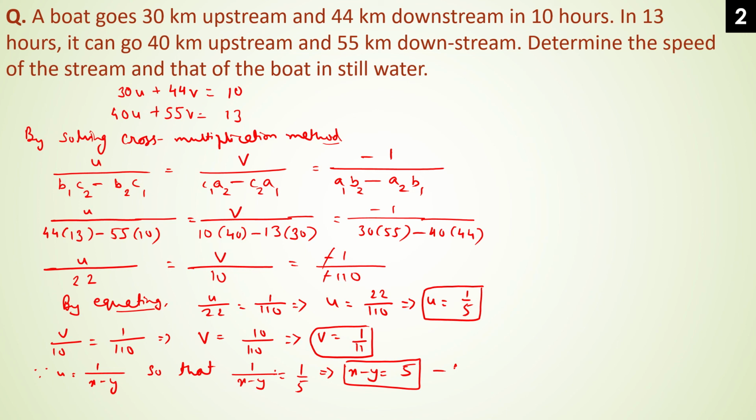This is going to be our equation number 5, and we had v as 1 upon x plus y, so that 1 upon x plus y equals to 1 by 11, and hence we get x plus y equals to 11, which is equation number 6.